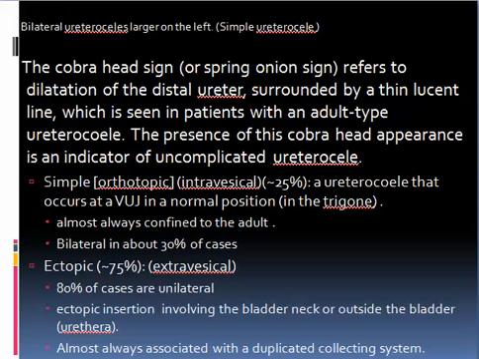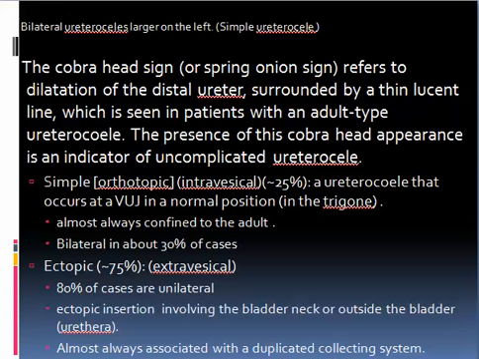The presence of this cobra head appearance is an indicator of uncomplicated ureterocele, the simple type, orthotopic, with the ureterovesical junction in normal position in the trigone, almost always confined to adults, bilateral in 30%.